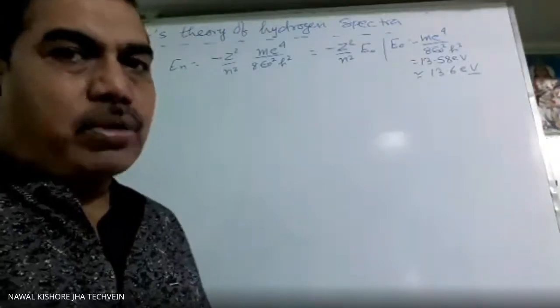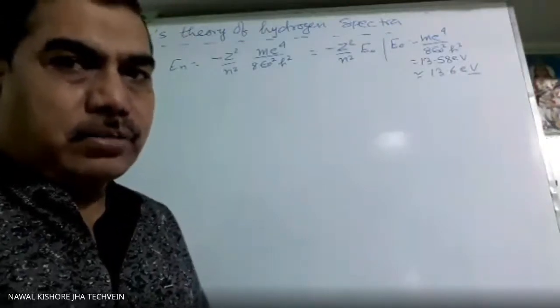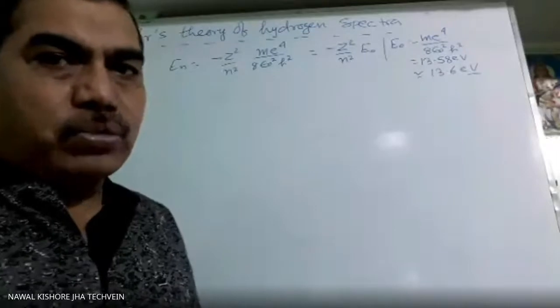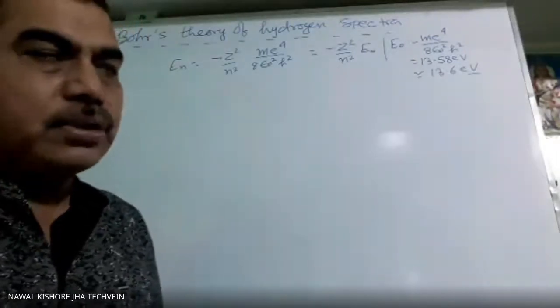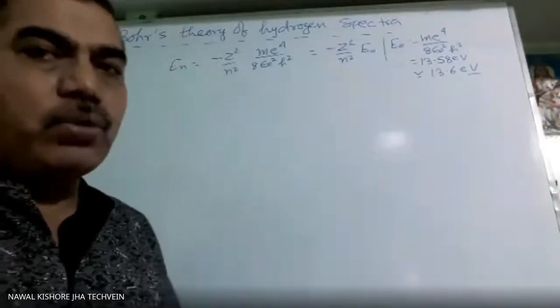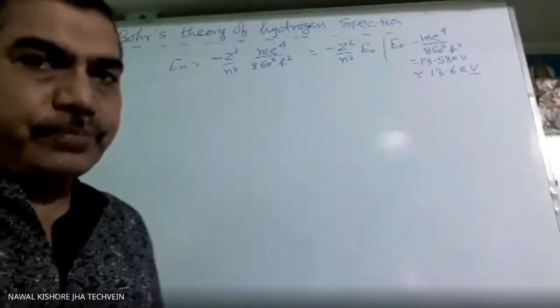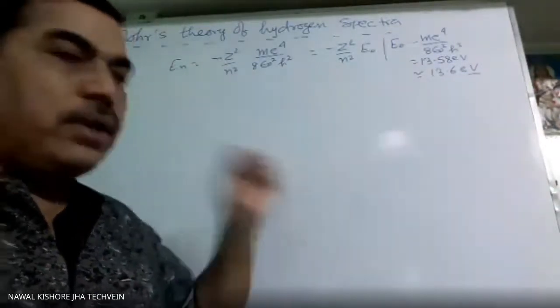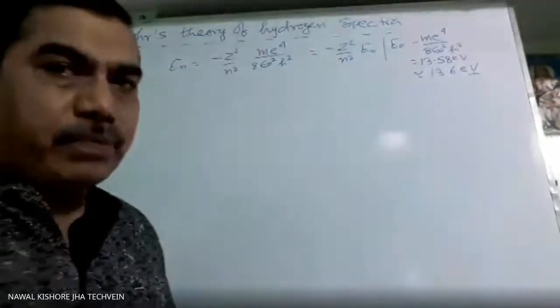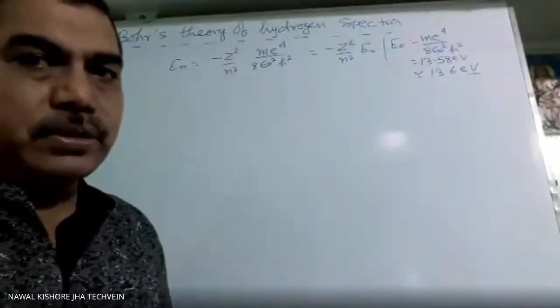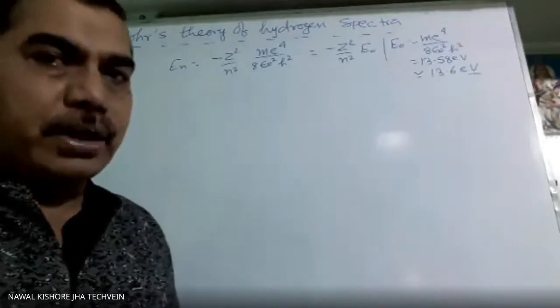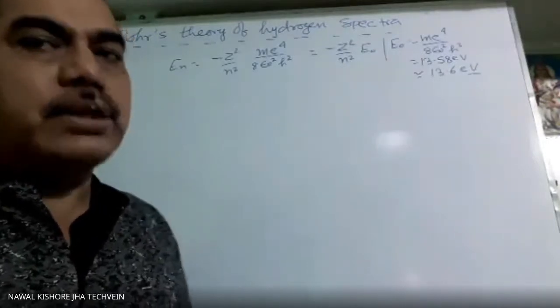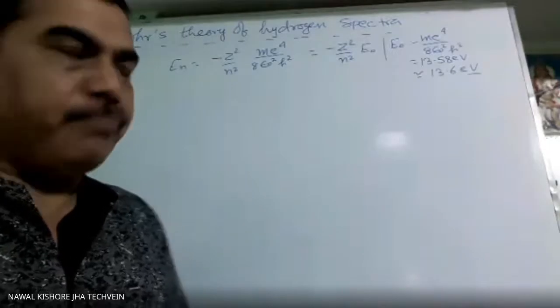And if it absorbs the same amount of energy that it can emit while jumping from higher to lower, only then will it jump from lower to higher. So we will calculate the wavelength, the frequency, and then a new term will come, that is wave number. And then we will discuss the spectrum.